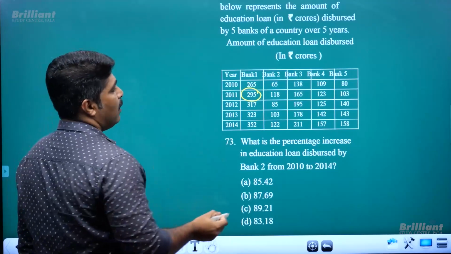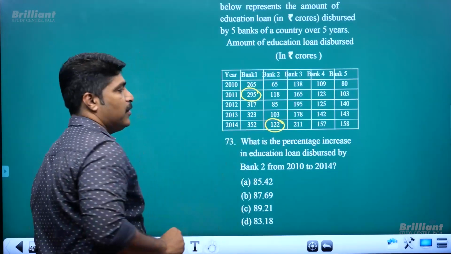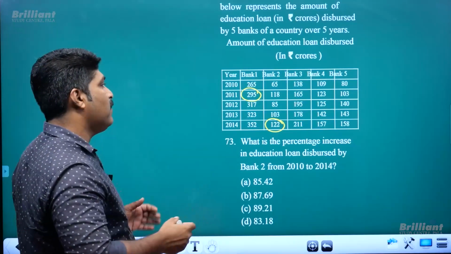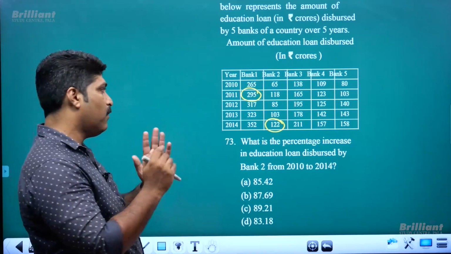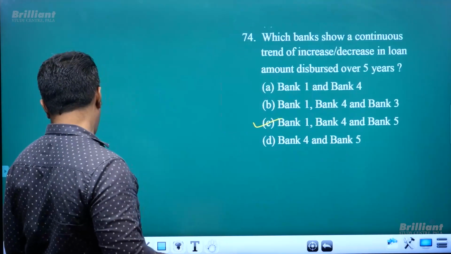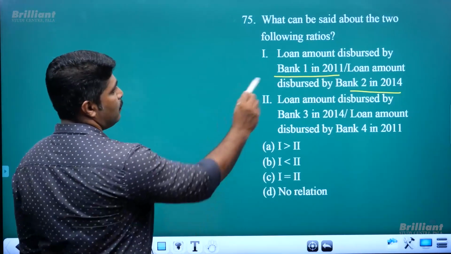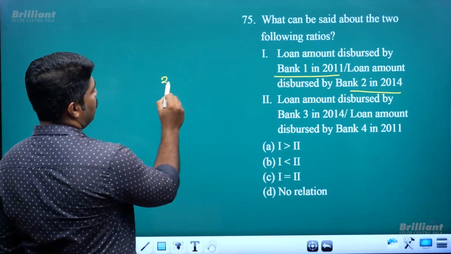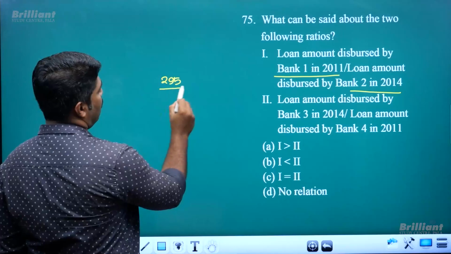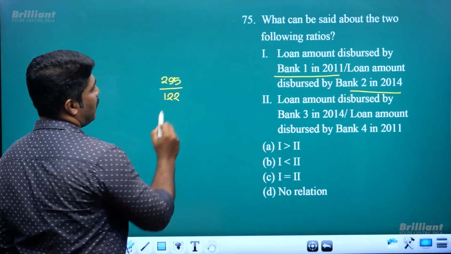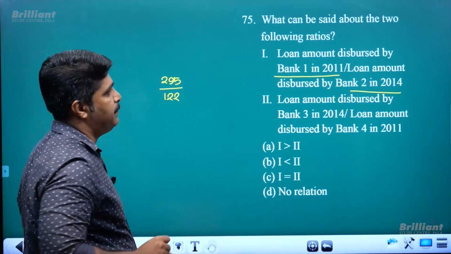Bank 2 in 2014, that is 122. So therefore, the required values are 295 and 122. That's the first value. 295 by 122. So this is the ratio.